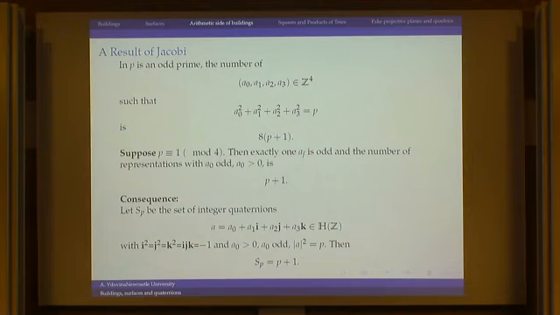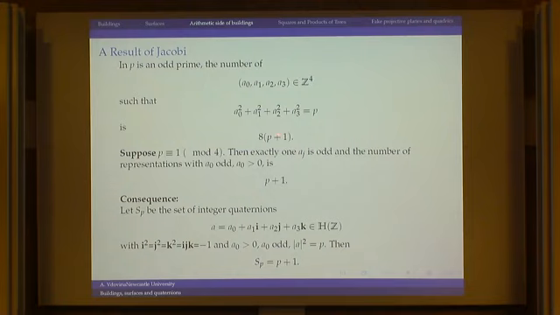It's a very old result of Jacobi. If you have an odd prime p, the number of such 4-tuples of numbers such that the sum of the squares equals p is 8 times (p plus 1).